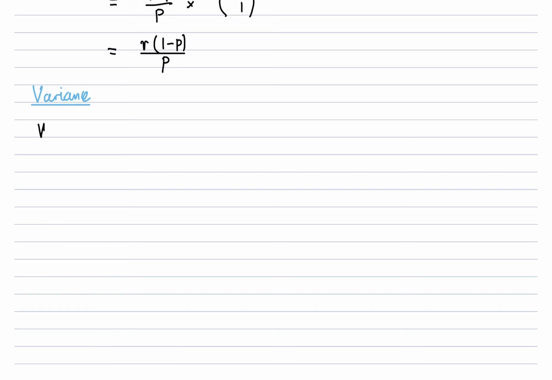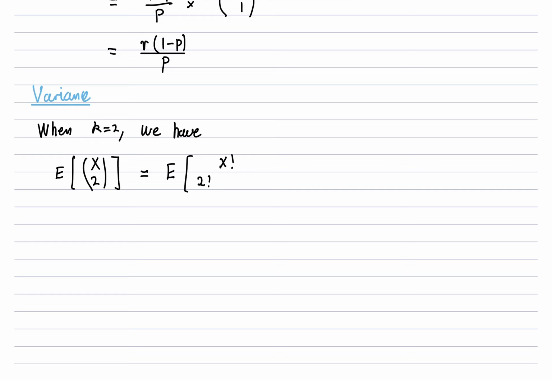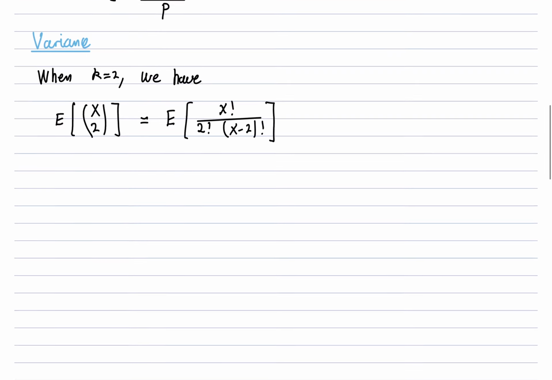So going back here, when k is equal to 2, what do we have? Firstly, we have the expression of x choose 2. We want to have a look at what that comes out to be. That becomes the expected value of x factorial over 2 factorial times x minus 2 factorial, by the definition of a combinatorial factor.